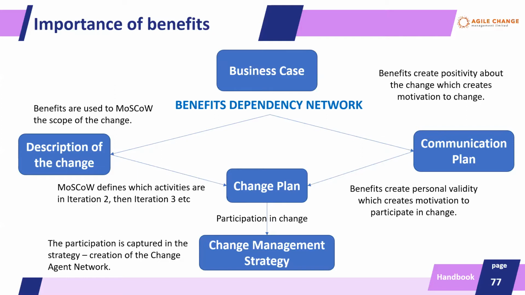We come up with all of our ideas about what we're going to change, and we need to prioritise them because we can't do everything at once. And we need to work out what's going to come first. What will we deliver in iteration 2? What will we deliver in iteration 3 and 4 onwards, etc. So what we're going to do is prioritise that work by selecting the individual changes that create the greatest benefits.